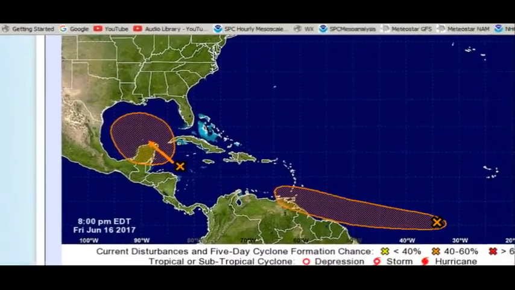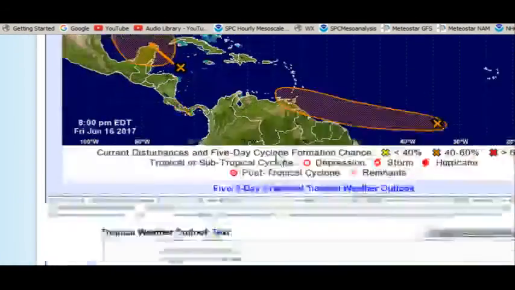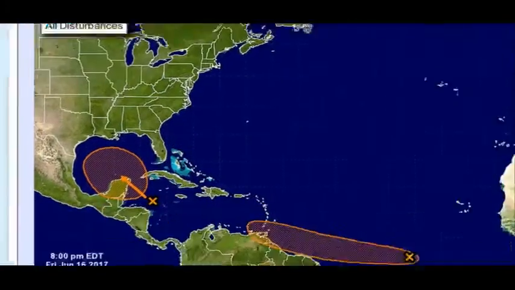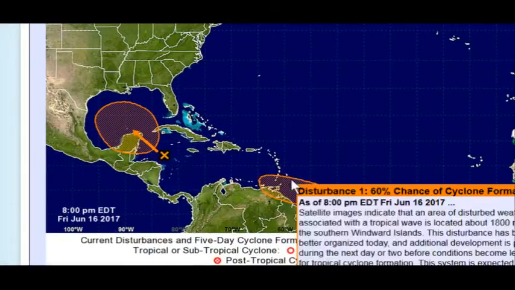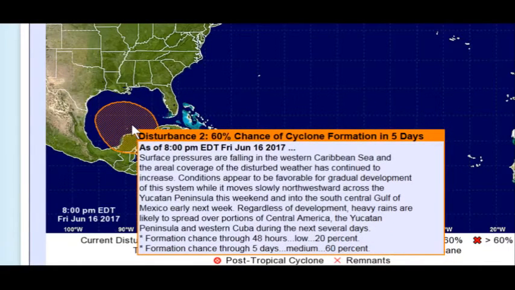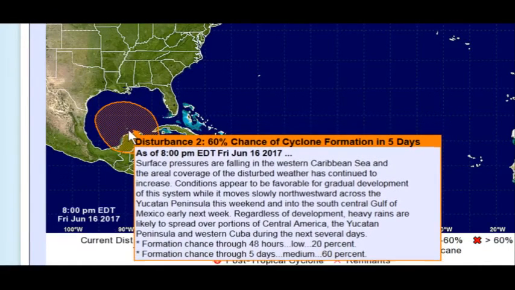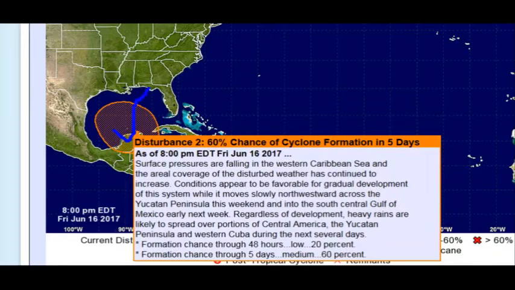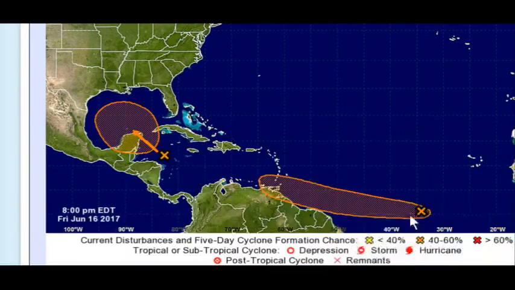Yeah, there we go. There's the graphic right there. So the Gulf of Mexico starting to get active, 60% chance of cyclone formation in 5 days. That's probably what the GFS was picking up on for this area here. And then we've got this other system in the deep tropics.